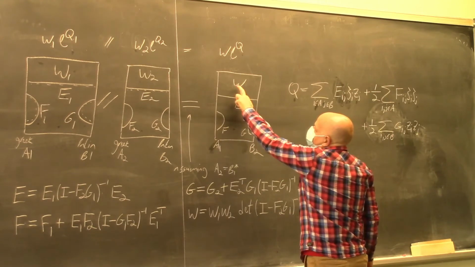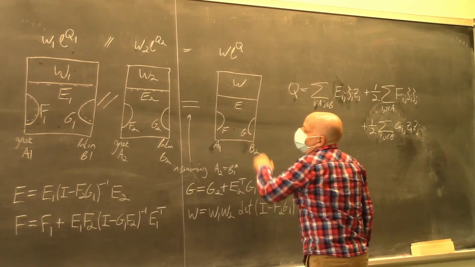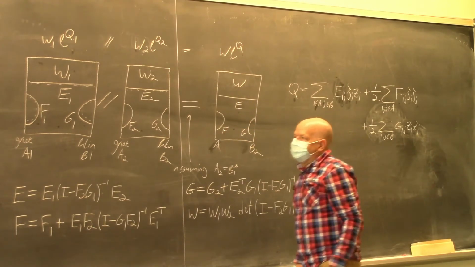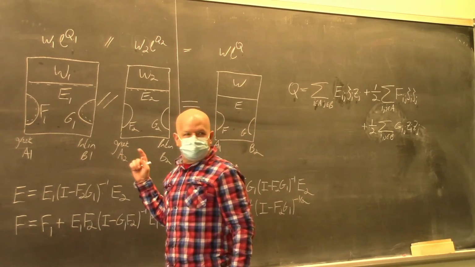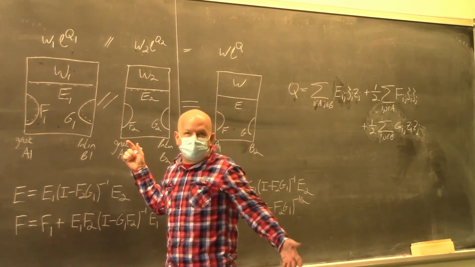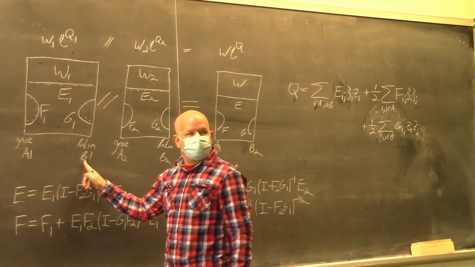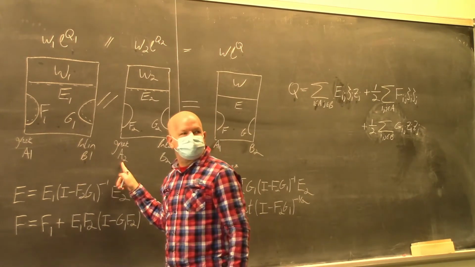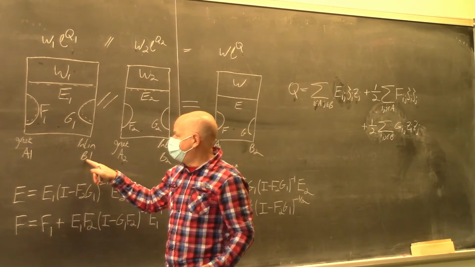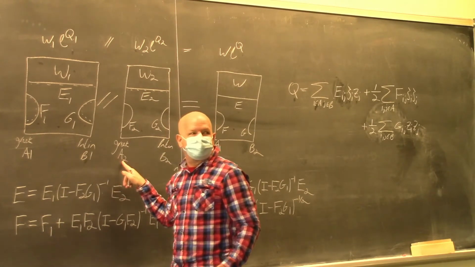So I want to find what are omega, E, F, and G of the composition. First of all, the composition makes sense, like in a category, only if the variables here match the variables here. What I really mean is that the variables here are the duals of the variables here.